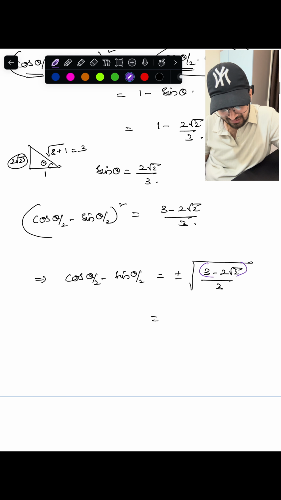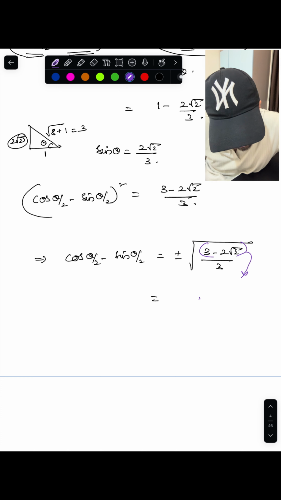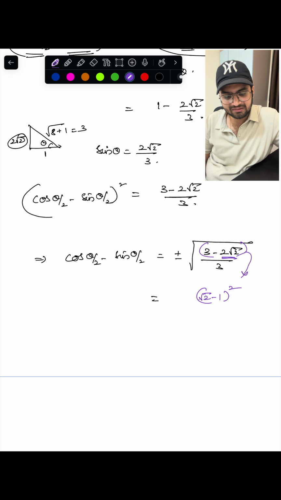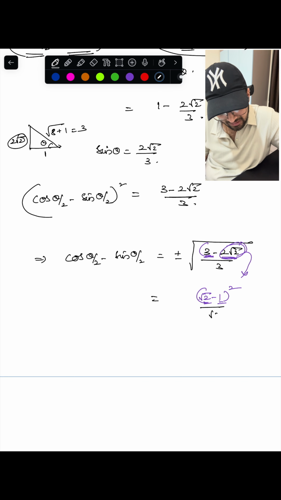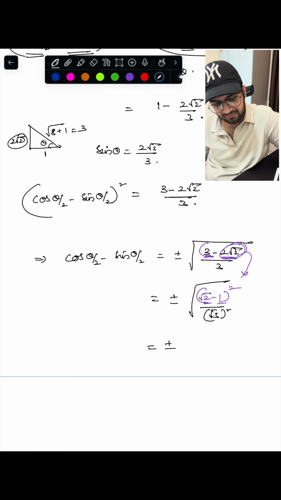You can see 3 minus 2 root 2 can be converted as (root 2 minus 1) whole square, because I can see 2 root 2 clearly. If I expand it, 2 plus 1 is 3, and minus 2 root 2 I will get. So it is converted into a perfect square. I can write it as under root of (root 2 minus 1) whole square by root 3 whole square, plus or minus. So I will get plus or minus (root 2 minus 1) by root 3.